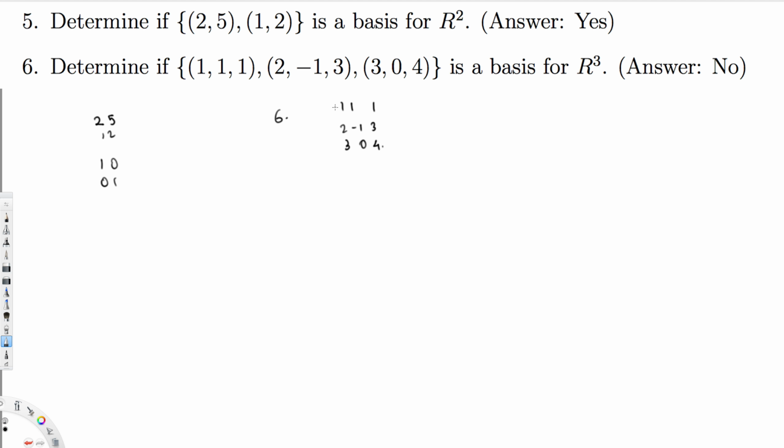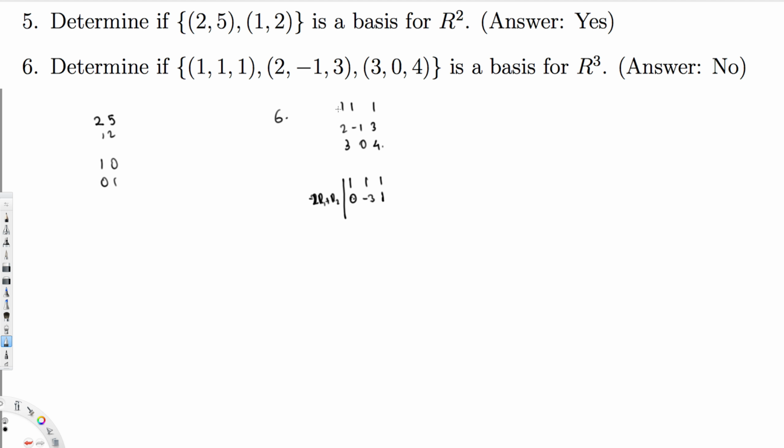3 0 4. When I do the Gauss-Jordan, first of all I have to bring this one into 0, whatever is below the pivot. To do that, I multiply the first equation by -2 and add it to the second equation. So -2 R1 plus R2 is going to give me 0, then -2 plus -1 is -3, and -2 plus 3 is 1.